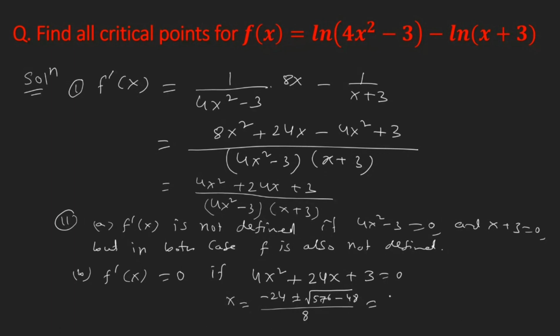So this is equal to minus 24 plus or minus square root of 528 over 8, equal to minus 3 plus or minus square root of 528 over 8. That's the critical point.